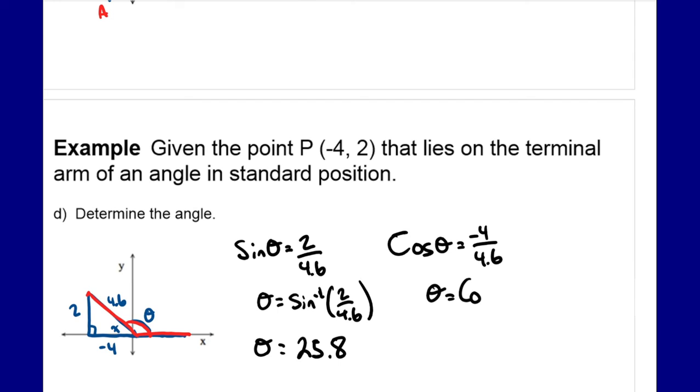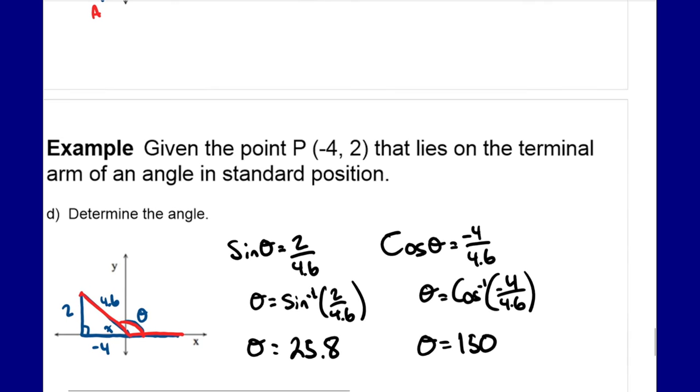Theta equals cosine negative 1 of that ratio. Here we get 150. Something is off. Adjacent over hypotenuse, we got 150.